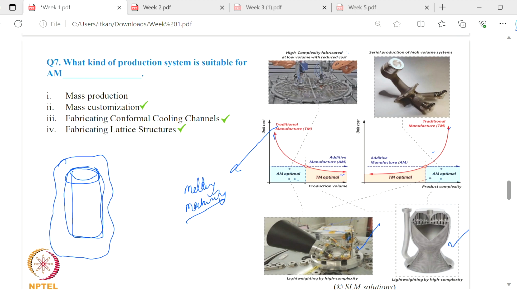This is also high complexity fabricated at low volume with reduced cost. So when the final product is very simple, there is no need of using additive manufacturing. We can do it with our traditional manufacturing. But for this complex system, we should use additive manufacturing.